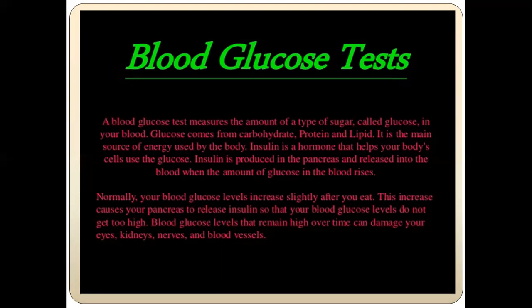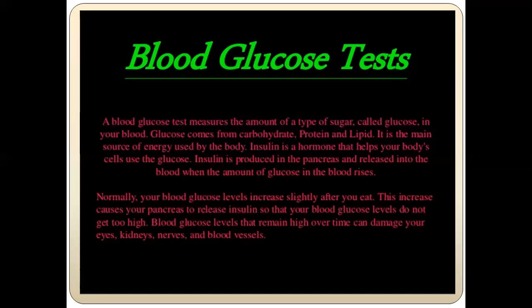Is it clear? A normal body glucose level increases slightly after we eat something. This increase causes your pancreas to release insulin so that your blood glucose levels don't get too high. And blood glucose levels that remain high over time can damage our eyes, kidneys, nerves, and also blood vessels.